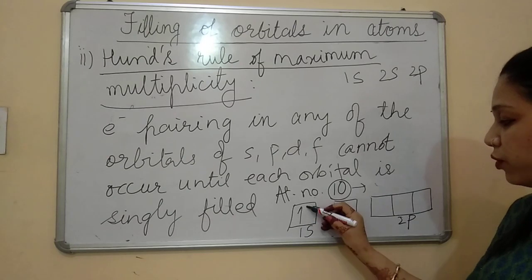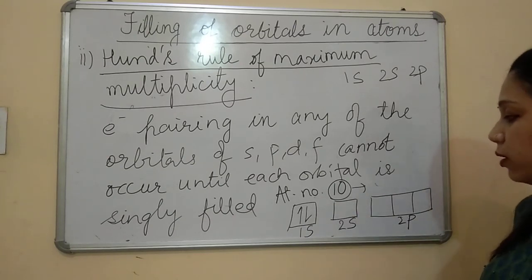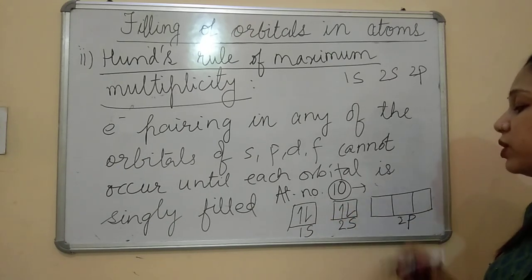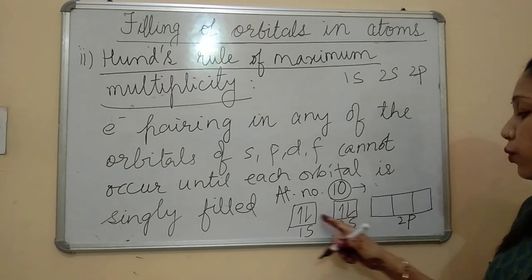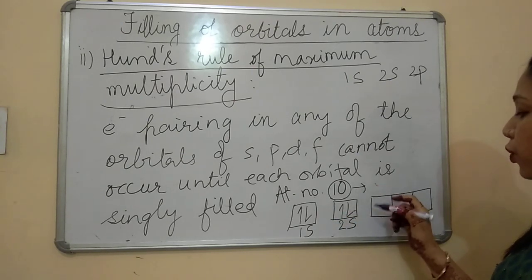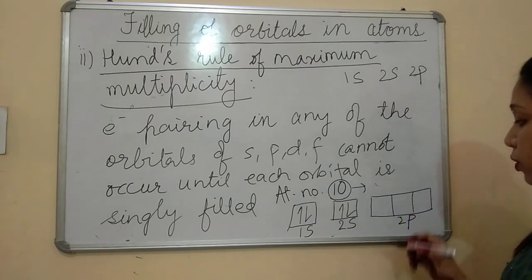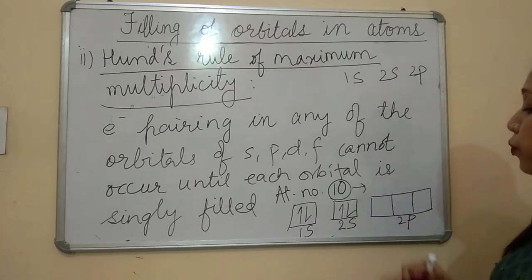A maximum of 2 electrons can be accommodated here, then a maximum of 2 electrons in the higher energy orbital. How many came here, children? 4. So 10 minus 4, how many electrons are left? 6 electrons are left.